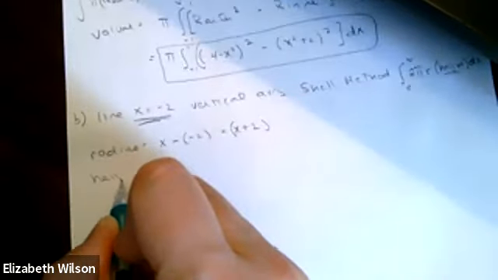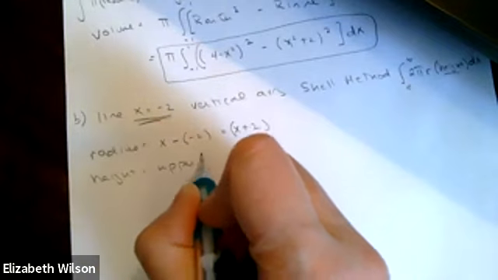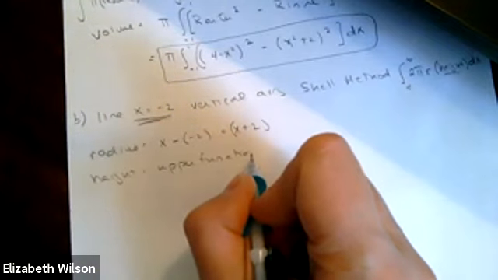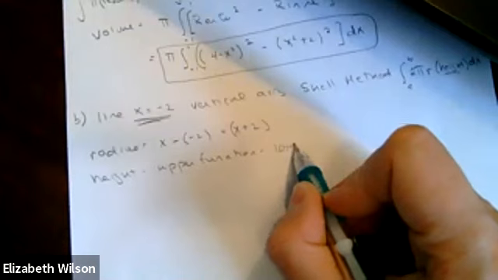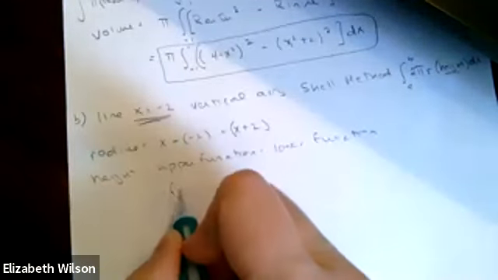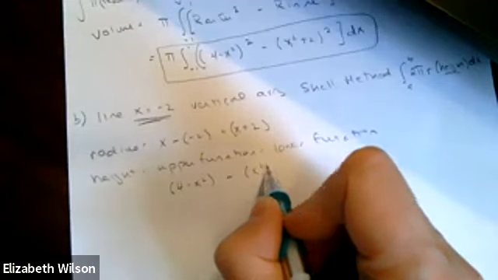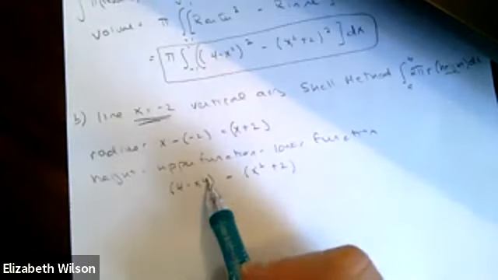Okay. Now to calculate the height, I need to look at my upper function minus my lower function. My upper function in this case is 4 minus x squared, minus my lower function, x squared plus 2. Okay, and I can combine these. I'm not squaring these out.